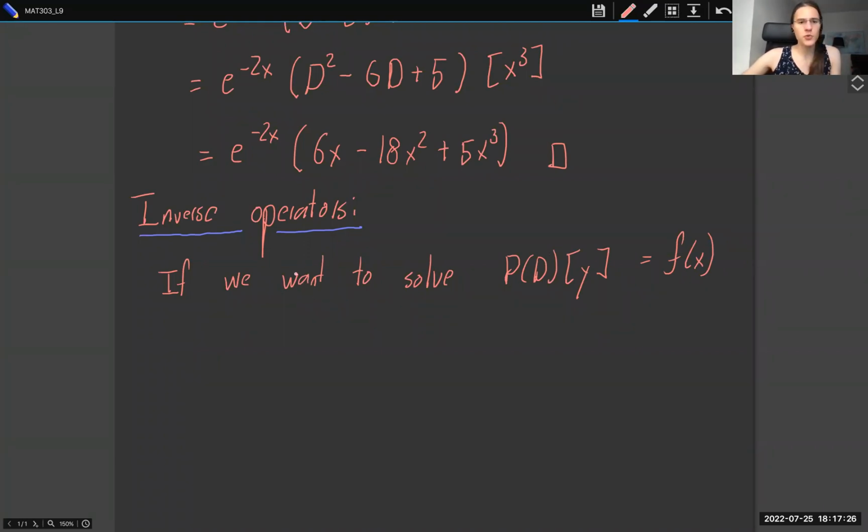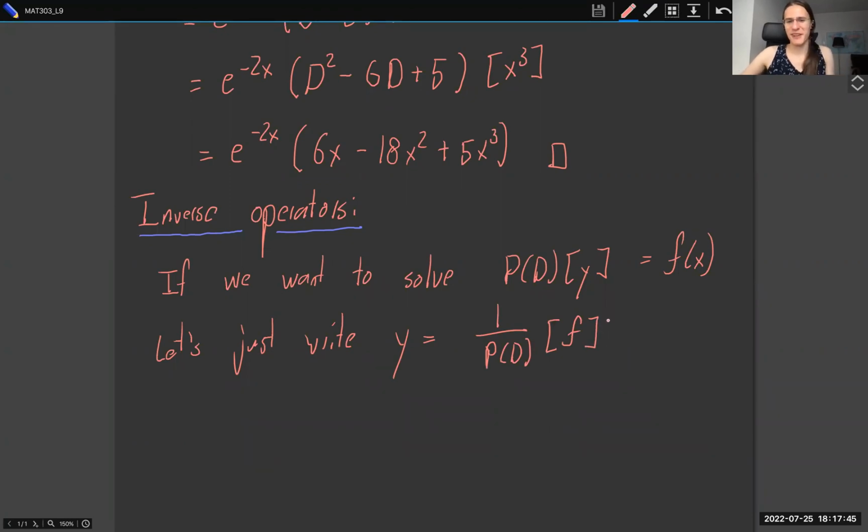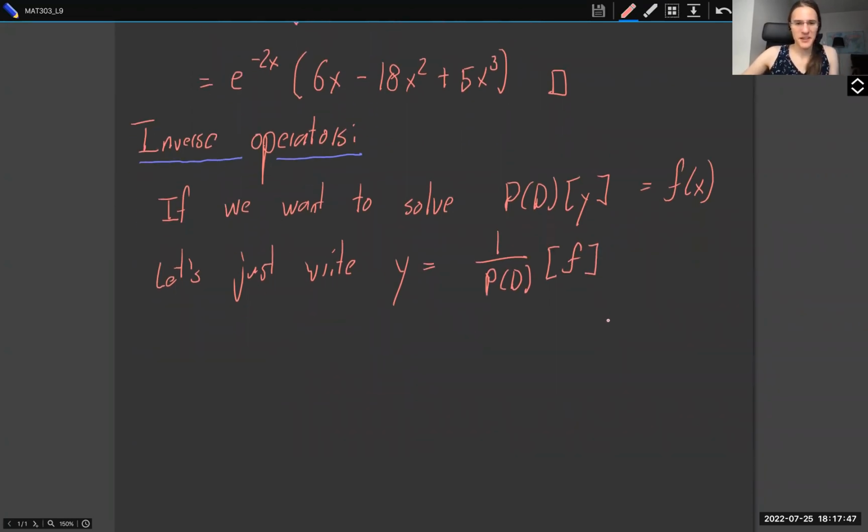Then what we're going to do is write that y is equal to 1 over P of D applied to f. That would be an unreasonable thing to write, but what does this mean?